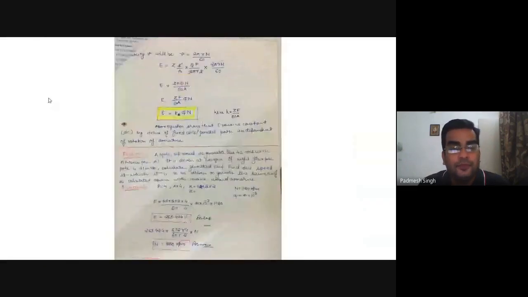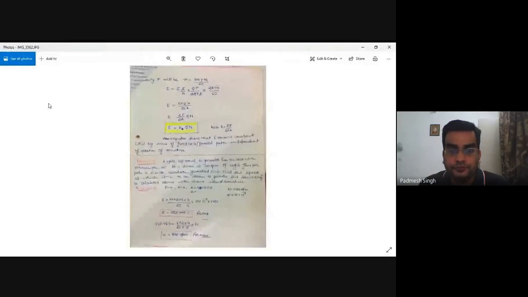But in a motor, it is called back EMF, while in a generator it is called generated EMF. So the expression for back EMF and generated EMF would be the same. That is, we have just derived E equals the machine constant K multiplied by phi N.